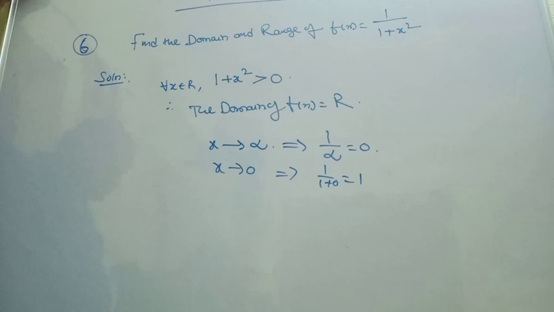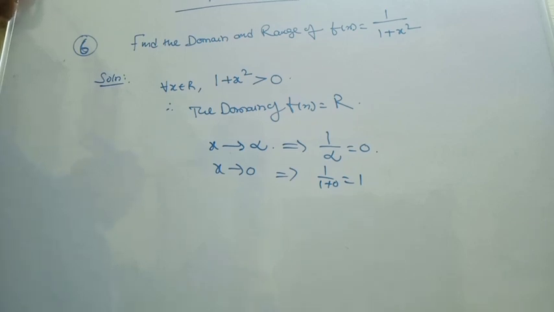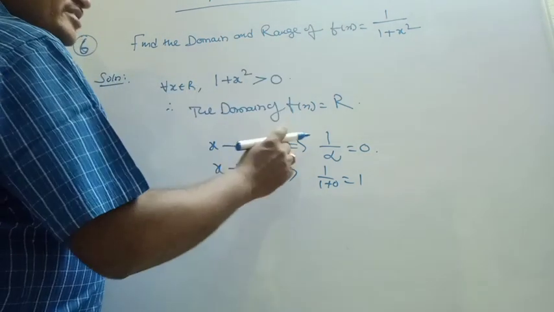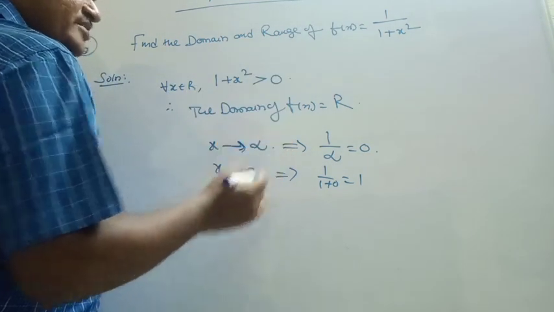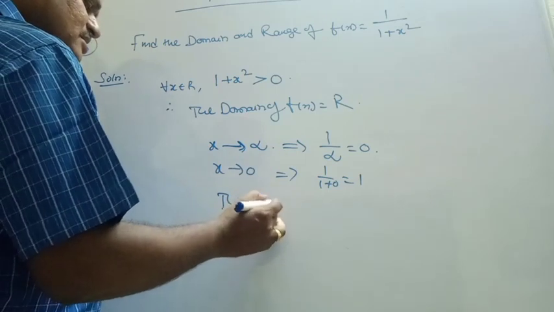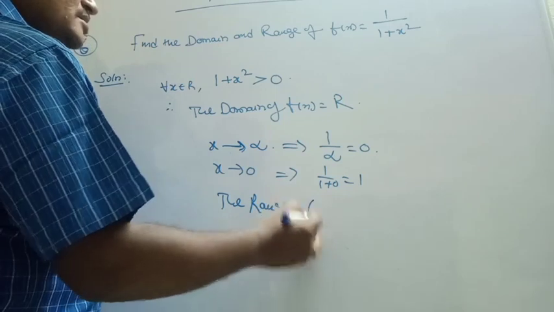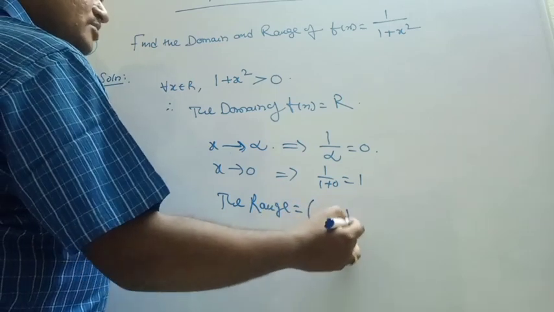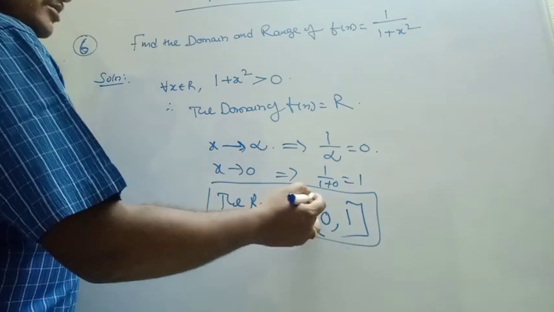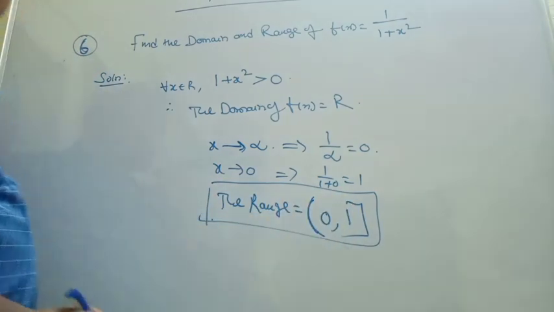Therefore, the range is 0 to 1. Since x will never equal infinity, the range of this function is the open interval 0 and the closed interval 1.